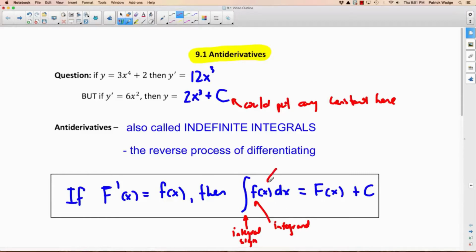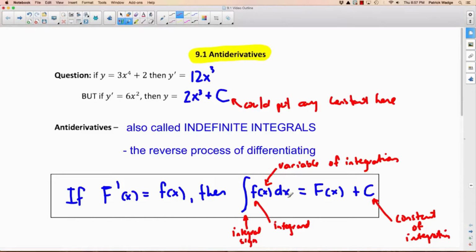The x is the variable of integration. The C is the constant of integration. Capital F of x is the function you end up with.